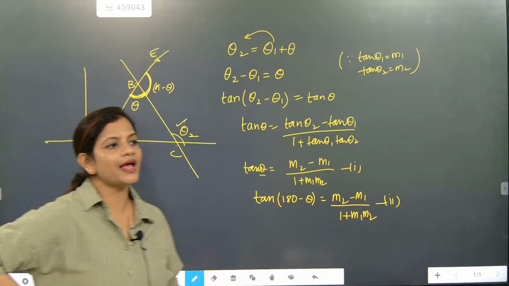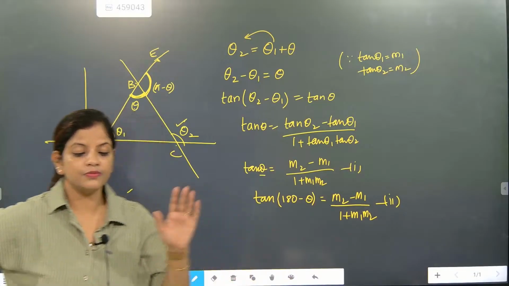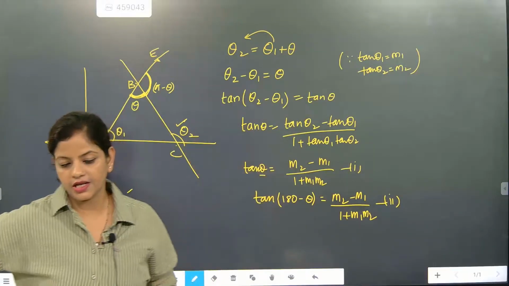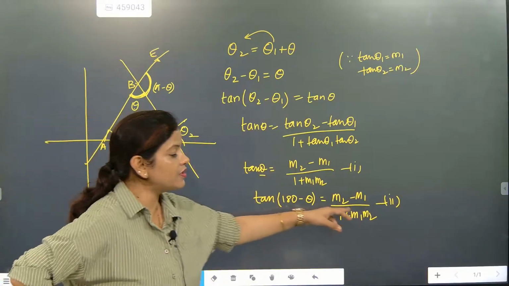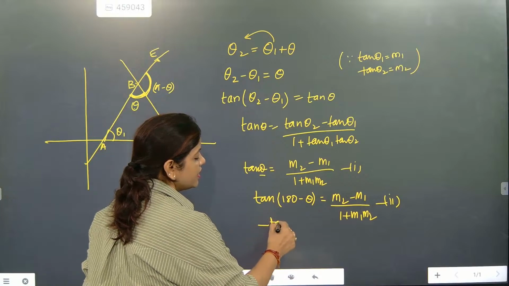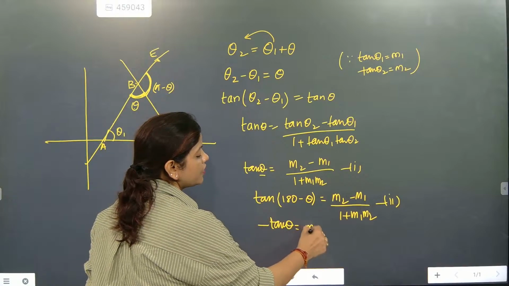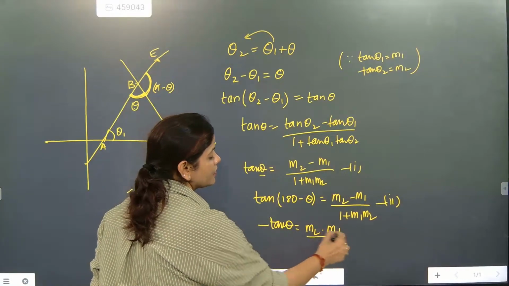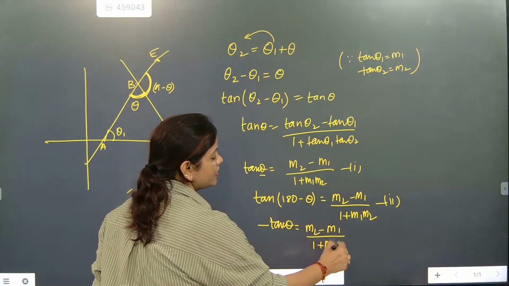Sometimes the intersection angle can be obtuse also, meaning more than 90 degrees. That time this part will become minus, so we write minus tan theta equal to m2 minus m1 by 1 plus m1 into m2.